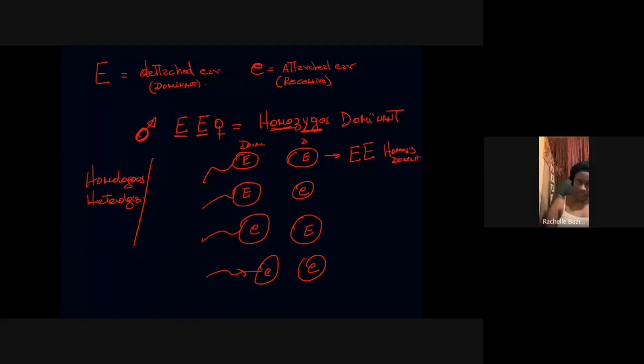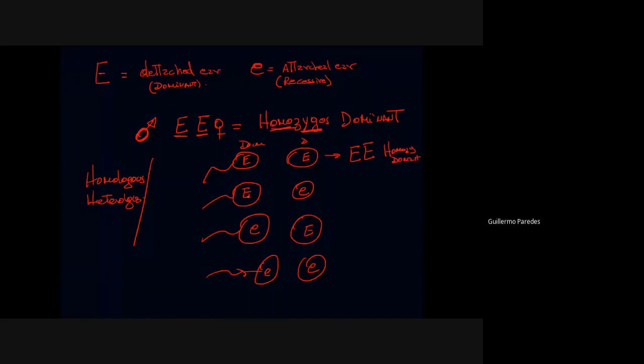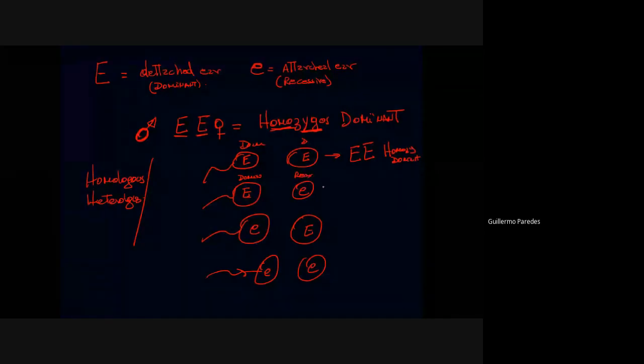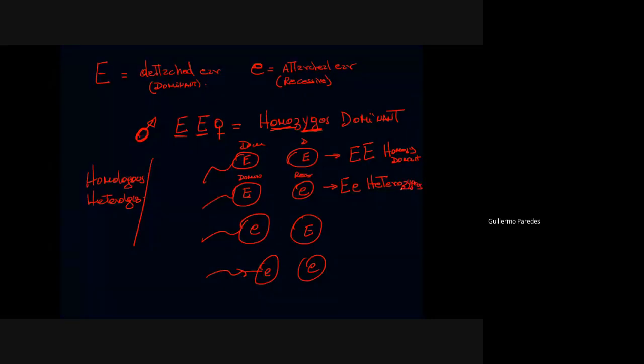In this case, I made all the possible combinations. Here we have a dominant and a recessive, and the kid is going to be born with capital E and lowercase e. That is called heterozygous. Why heterozygous? The eggs are going to have a different type of ear.